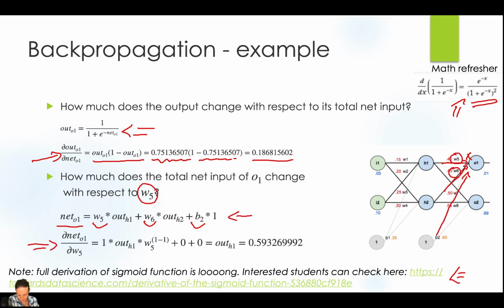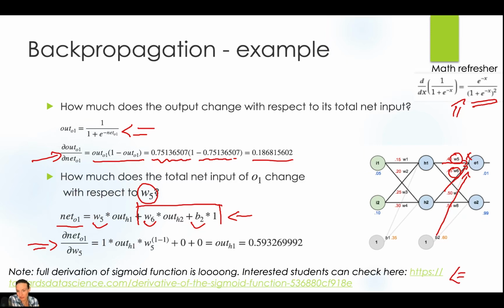If we take the partial derivative for W5, it's very easy here. First of all, these terms become 0 because they're just constants and they don't contain a variable W5. And then here we have W5 times out H1.